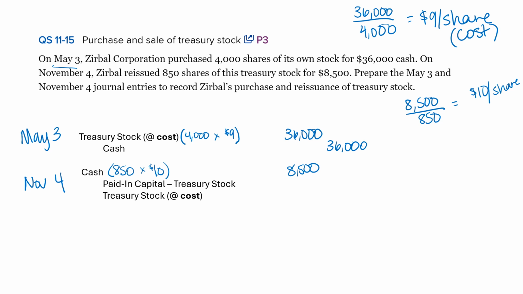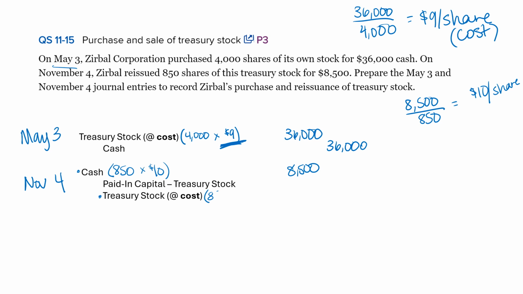Then we need to skip down and look at the treasury stock, because we want to record the shares at cost. When we're recording the cash, we're recording cash at the selling price. But when we're recording treasury stock, we're recording it at cost. And the cost, when it was reacquired, was $9 per share.